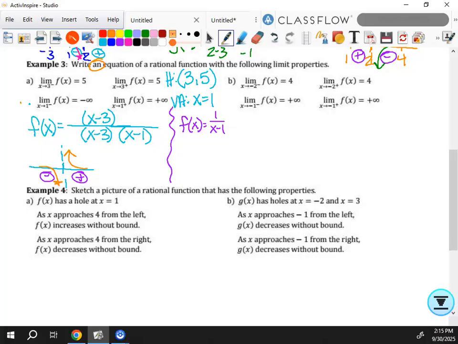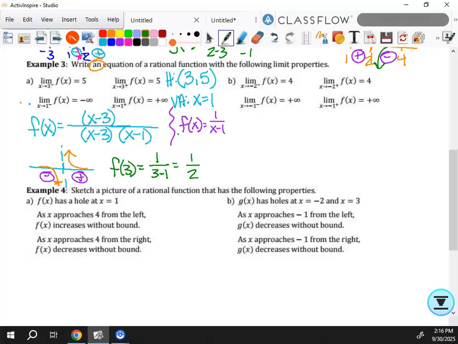The other thing I need to look at is my y value for the hole to be 5. So if I find f of 3, if I substitute it into my reduced version, that's going to give me 1 over 3 minus 1, which is 1/2. I don't want it to be 1/2.